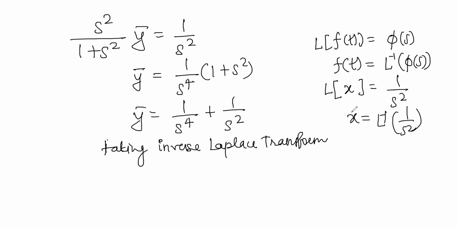So now let me write down the general formula so that you don't have to remember each and every time. L inverse of 1 upon s power n will be equal to x power n minus 1 upon gamma n.